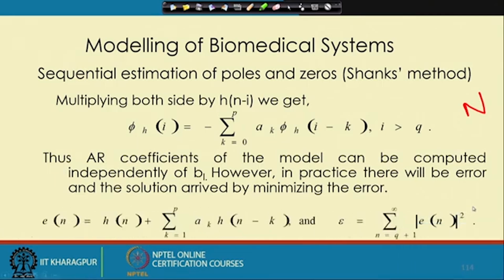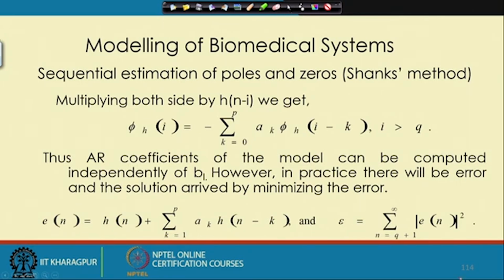Because there would be some approximation error, it has been written in this way, that we would have some error En, the prediction error of the impulse response, and we need to minimize eta, which gives the sum of error squares from q plus 1 onward. We are taking the sum of error squares because so many equations are there.